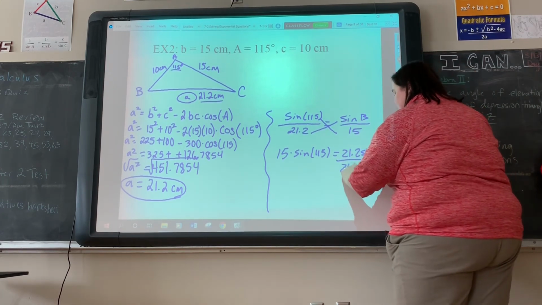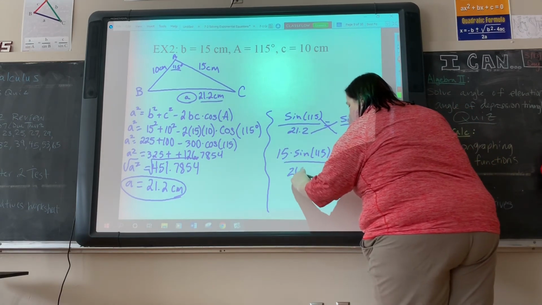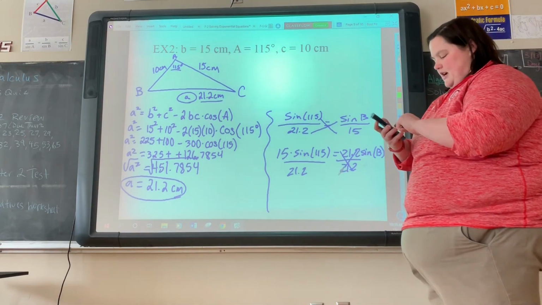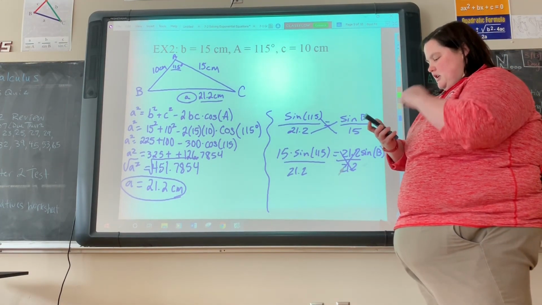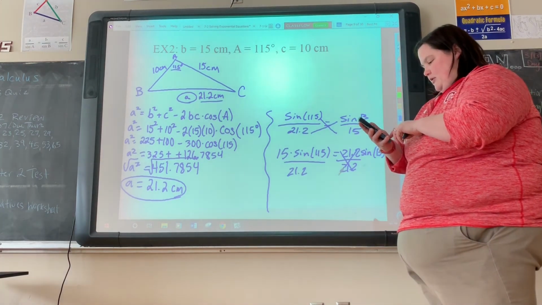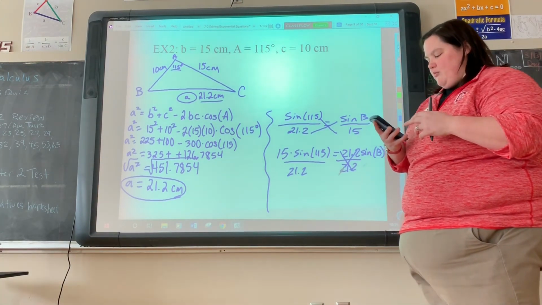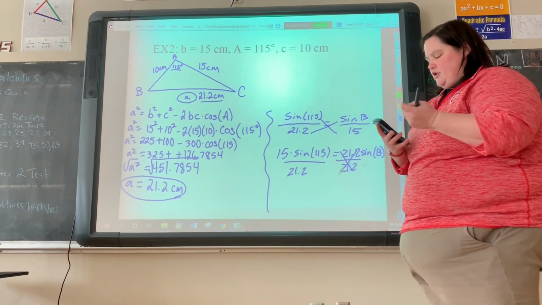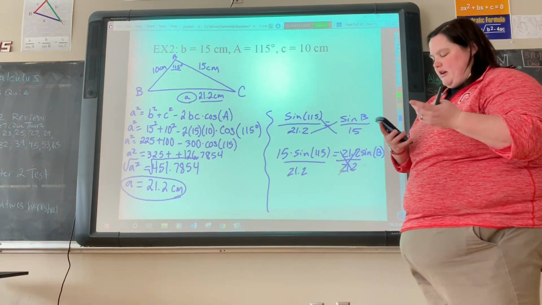Divide by 21.2. So I got 15 times sine of 115, which is 13.59. Divide that by 21.2. So I got 0.6413. I'll round to 3.